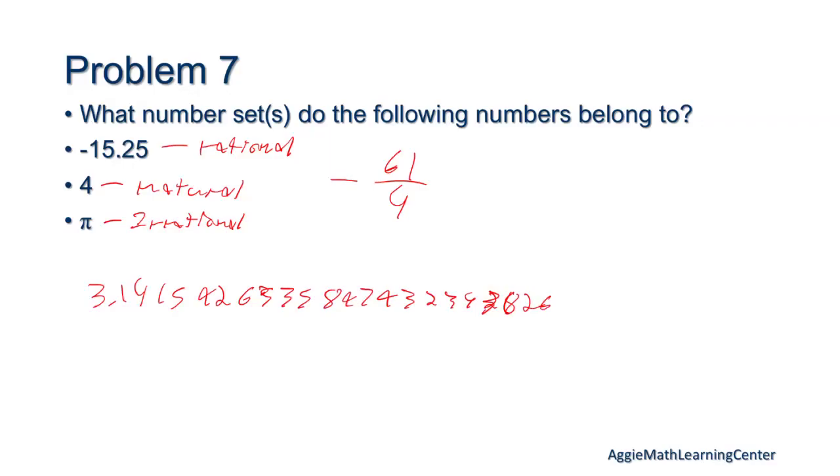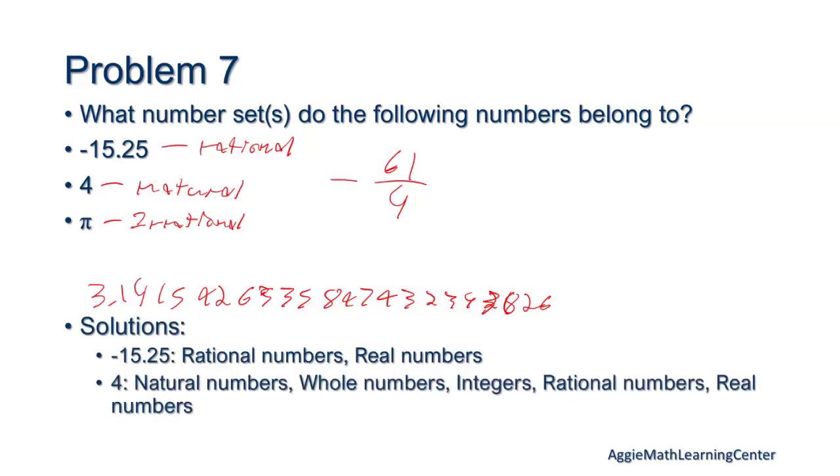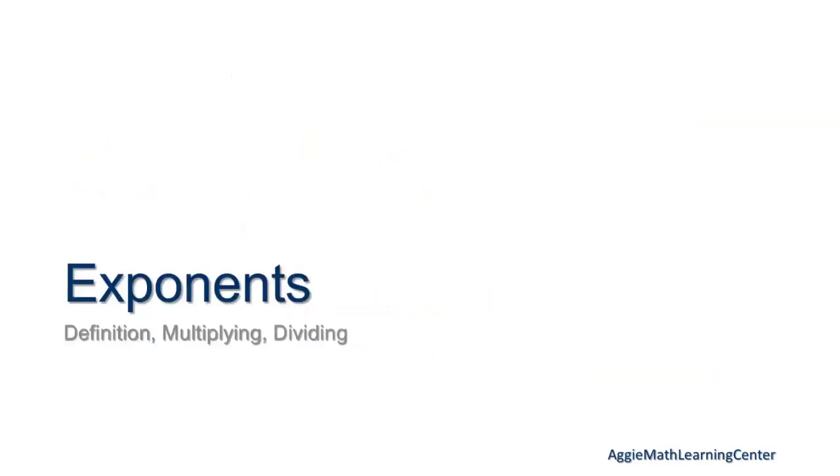So we can get close, but this is going to go on for infinity in an unpredictable pattern. So negative 15.25 is in the rational and the real numbers. 4 is all of them, and pi is in the irrational numbers.